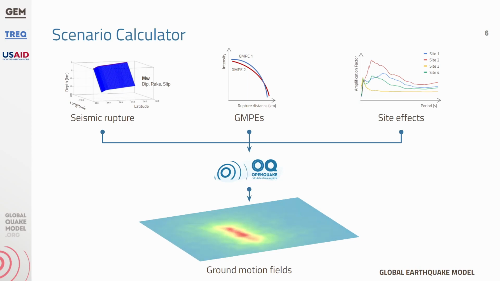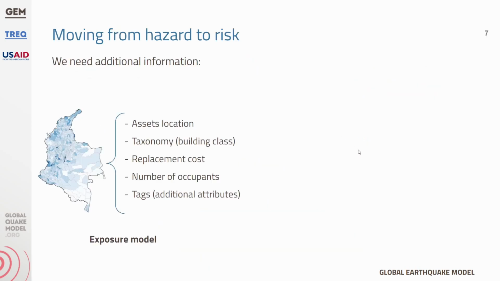The ground motion fields indicate the level of shaking intensity in the study area, the area that we have delimited, where we are interested in the ground shaking intensity. If the purpose of our assessment is to evaluate the impact of the shaking on the built environment, that is seismic risk, then we need to add additional information. We require additional input files.